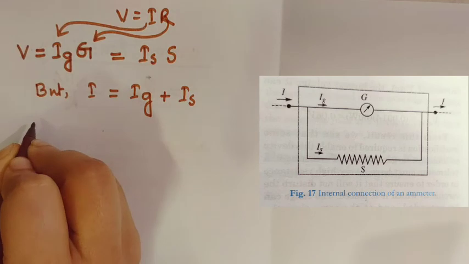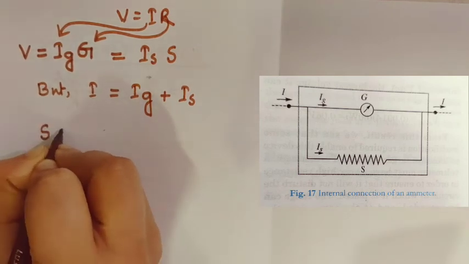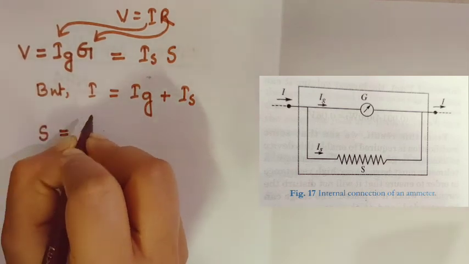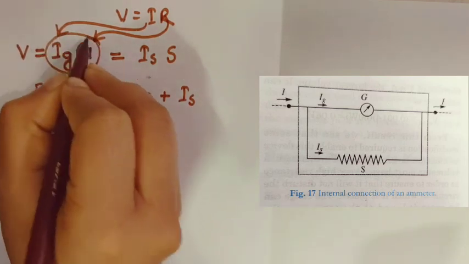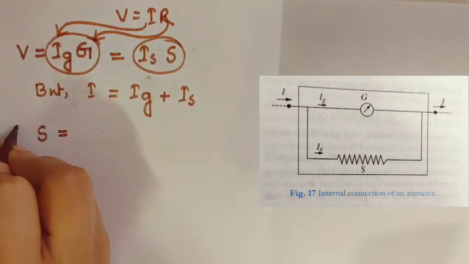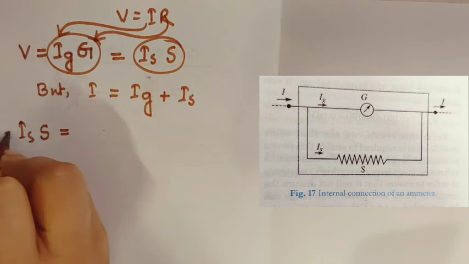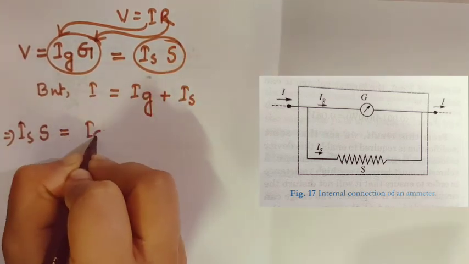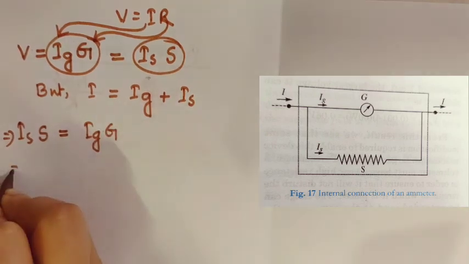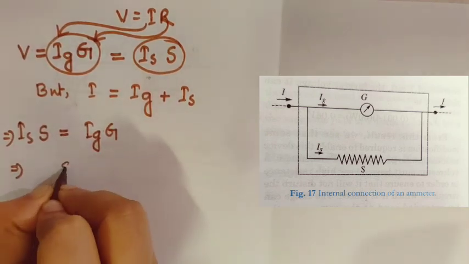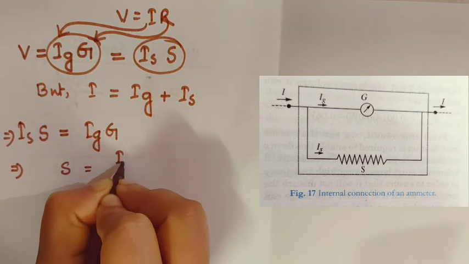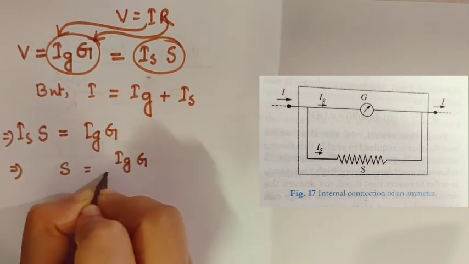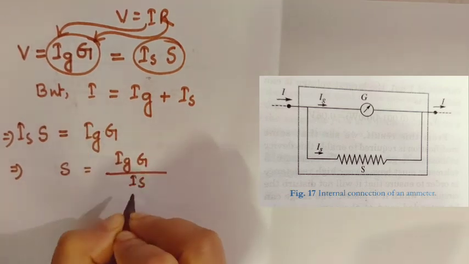Taking these two equations, Is into S is equal to Ig into G. So S is equal to Ig G divided by Is.